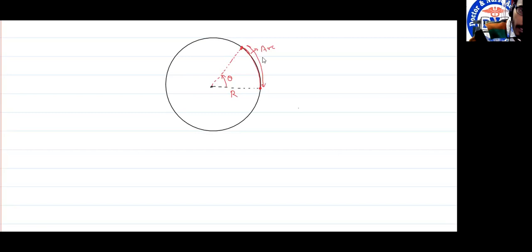What is the meaning of length? Suppose you have a ring, and you break the ring from one point and make it straight, so you get some length, and that length is called perimeter. You know what is a perimeter?